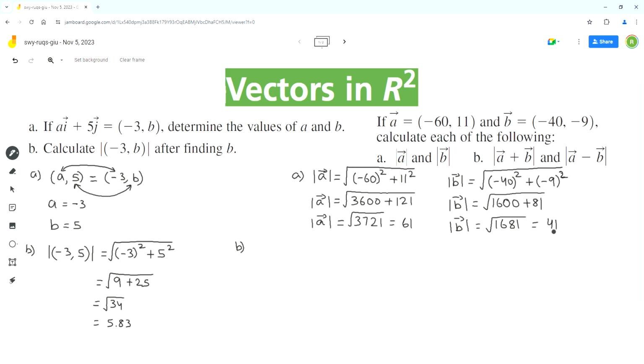So in part B, we have to find the magnitude of a plus b and the magnitude of a minus b. So let's start with a plus b. So the first step is to find the vector a plus b. So we'll add the two given vectors.